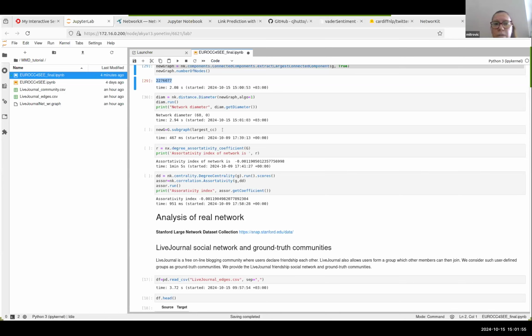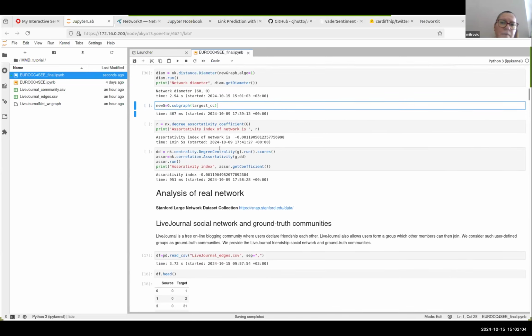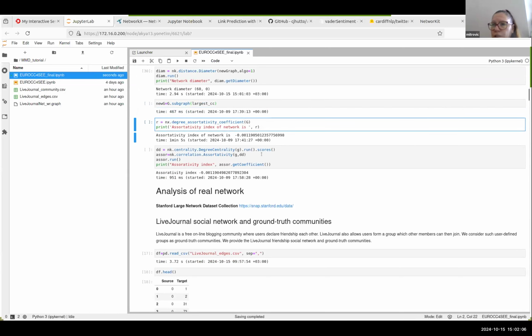What we can also look at is the assortativity index. So NetworkX can calculate this. Why I didn't use NetworkX to find the diameter is that it really takes a lot of time.